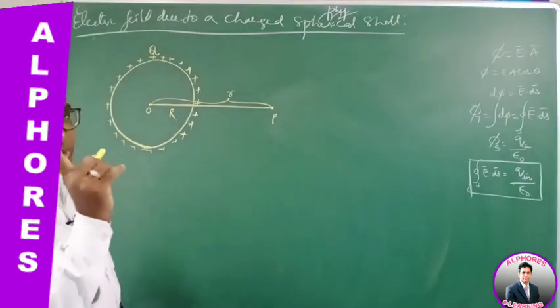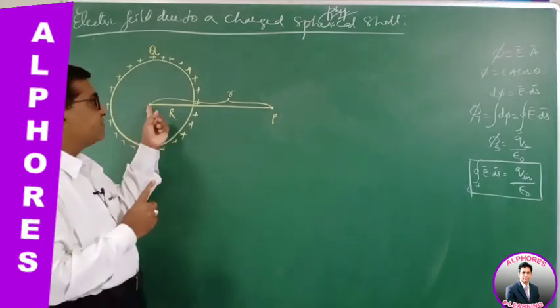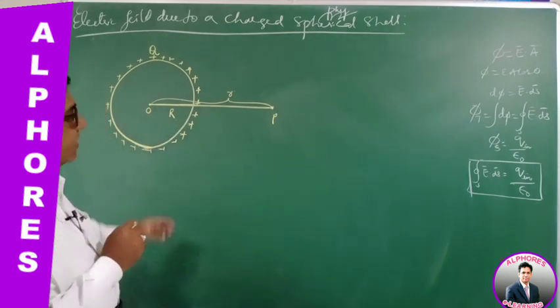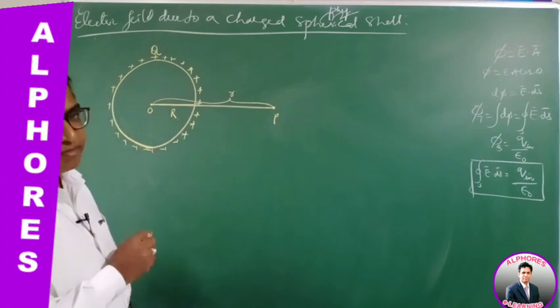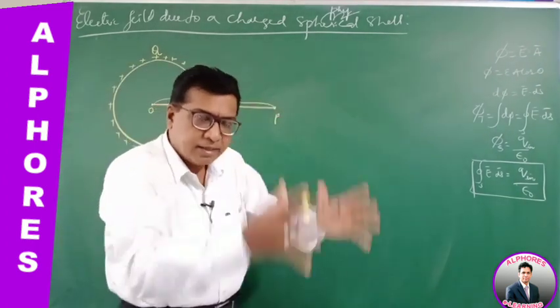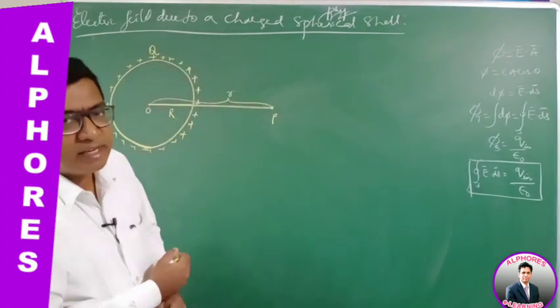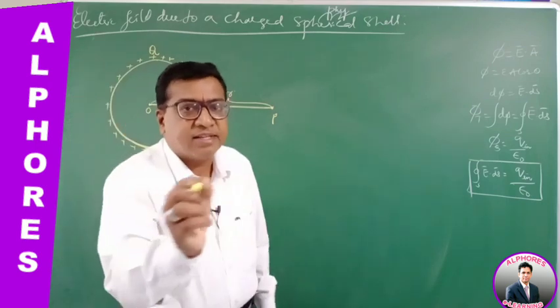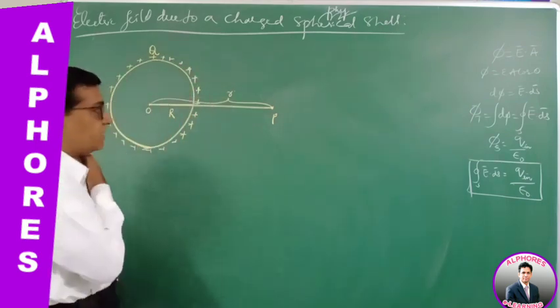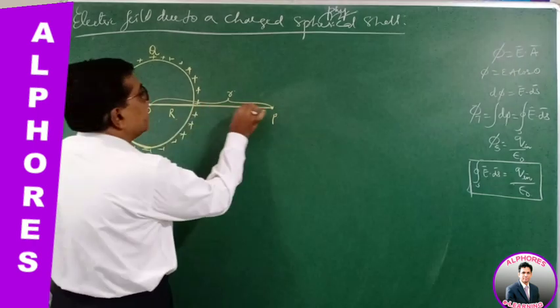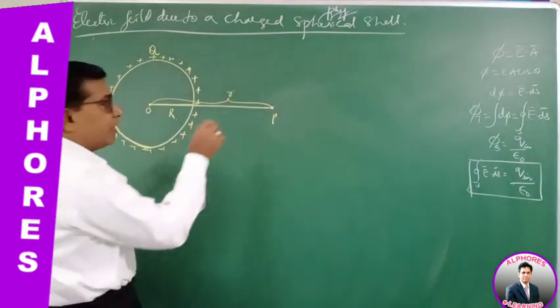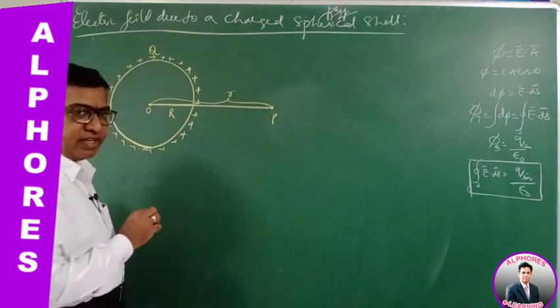Mind you, you should always take the distance from the symmetrical center. Whatever the charge distribution, the distance should be measured from the center. Even while deriving for the hollow cylinder, we took the distance from the central axis. So at this point P, we have to find the electric field.